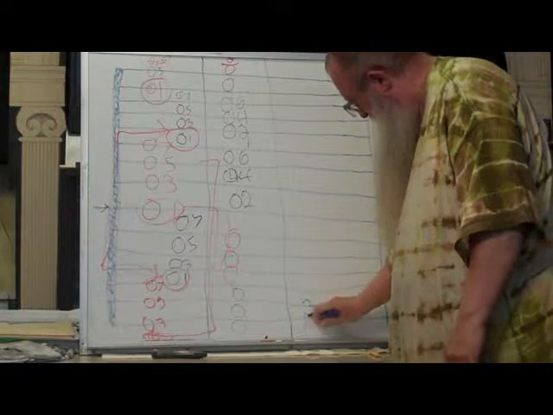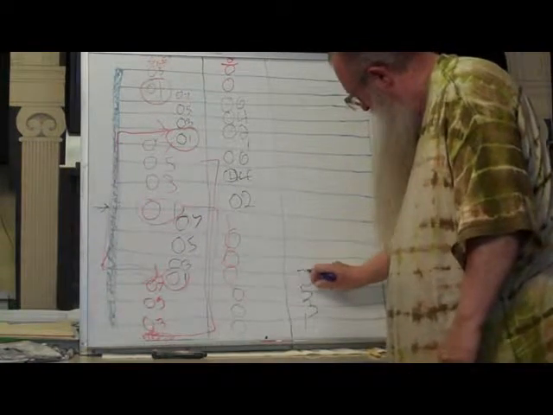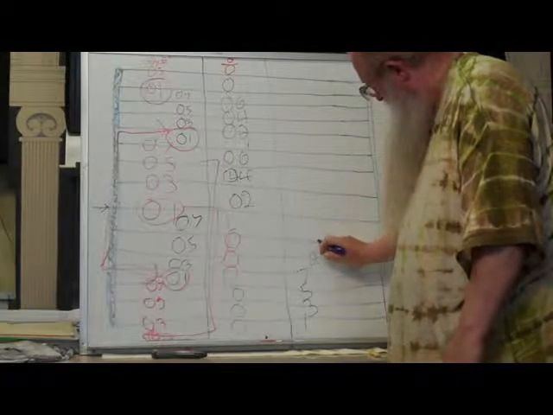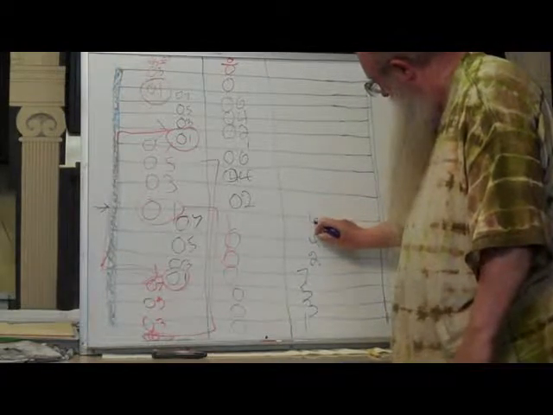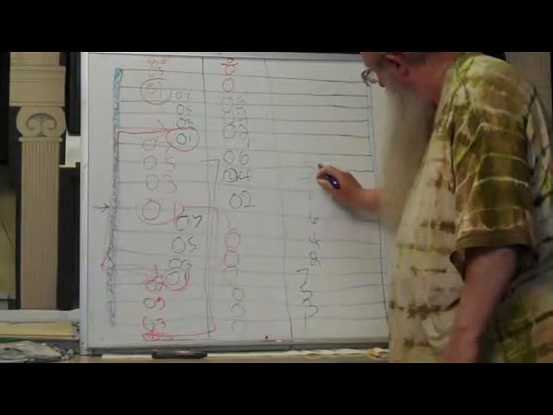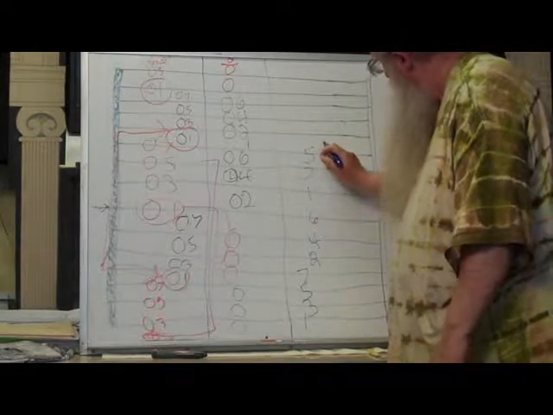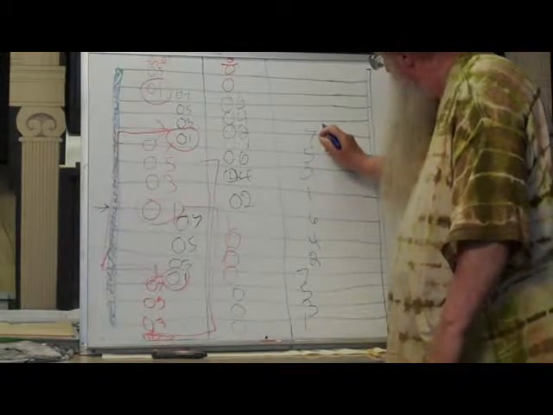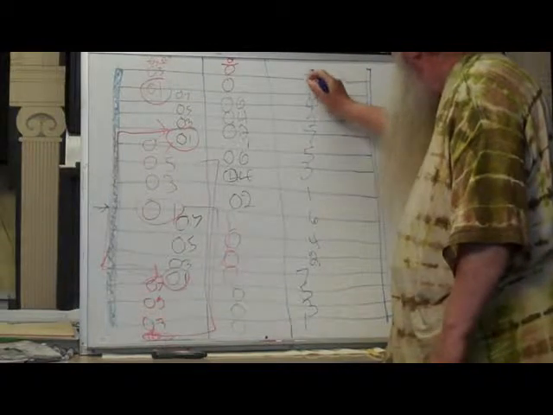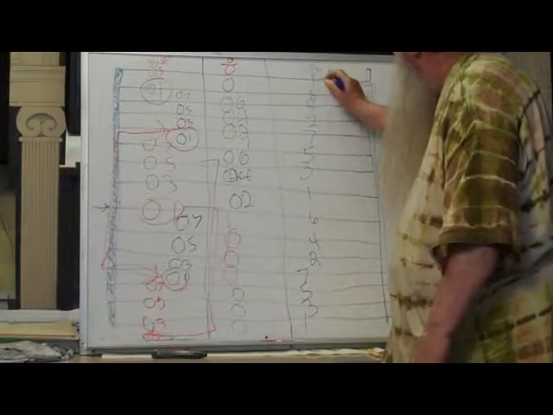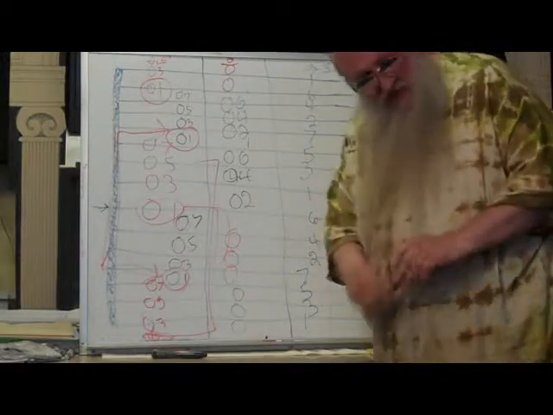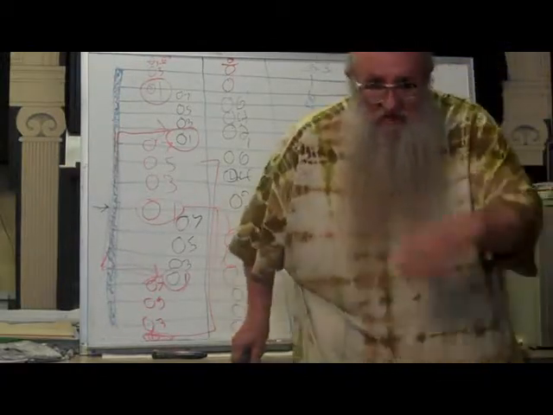Then this is 3, 5, 7, 2, 4, 6, 7, 1, 2, 3, 4, 5, 6, 7, 1, 2, 4, 6, 1, 3, 5. And what happens here is a pattern develops which I call the circle of thirds.